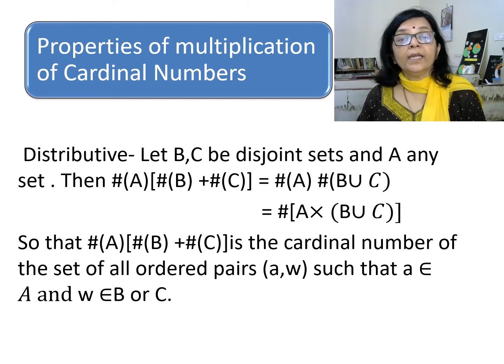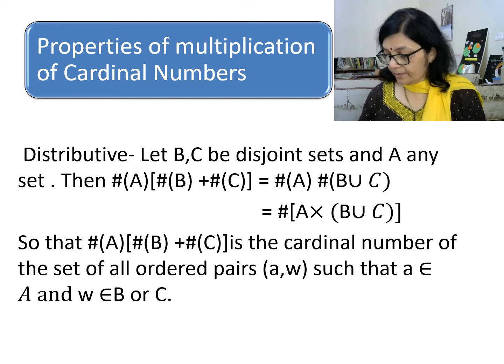Then #A(#B + #C) = #A(#(B∪C)) = #(A×(B∪C)). So #A(#B + #C) is the cardinal number of the set of all ordered pairs (a, w) such that a belongs to set A and w belongs to set B or set C.